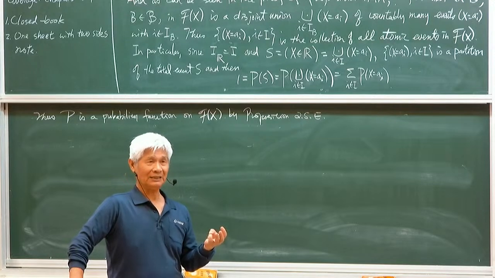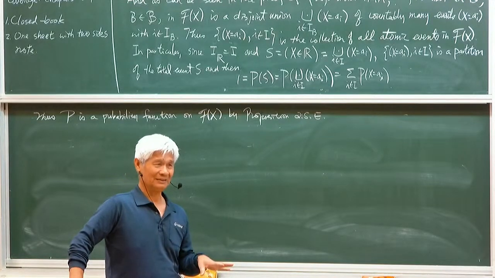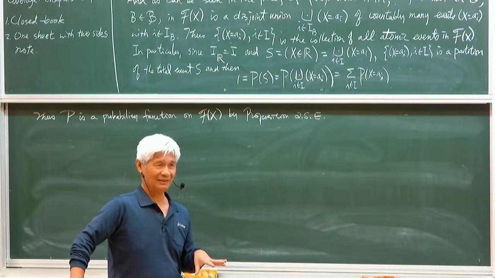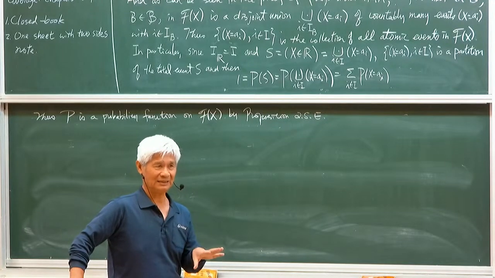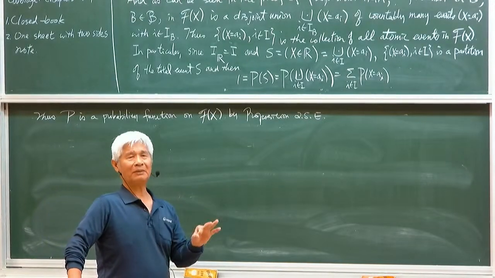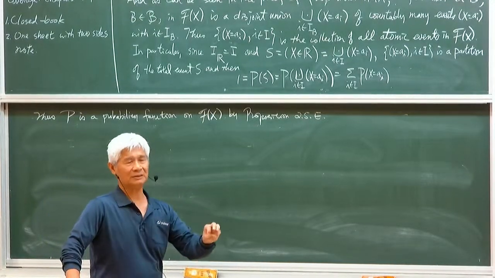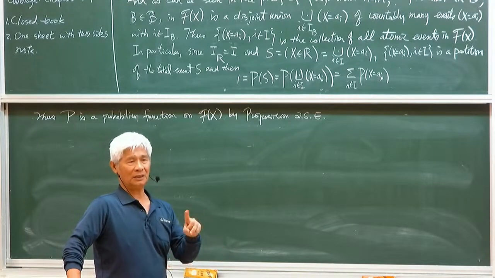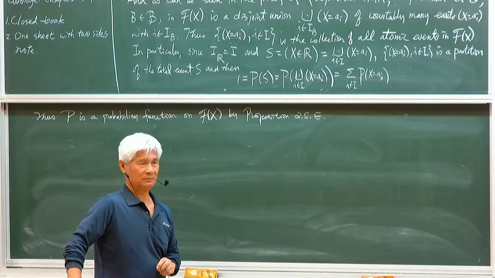But actually, it's hidden only. You do not miss anything. There's still a hidden probabilistic model in a running experiment related to your specific random variables.